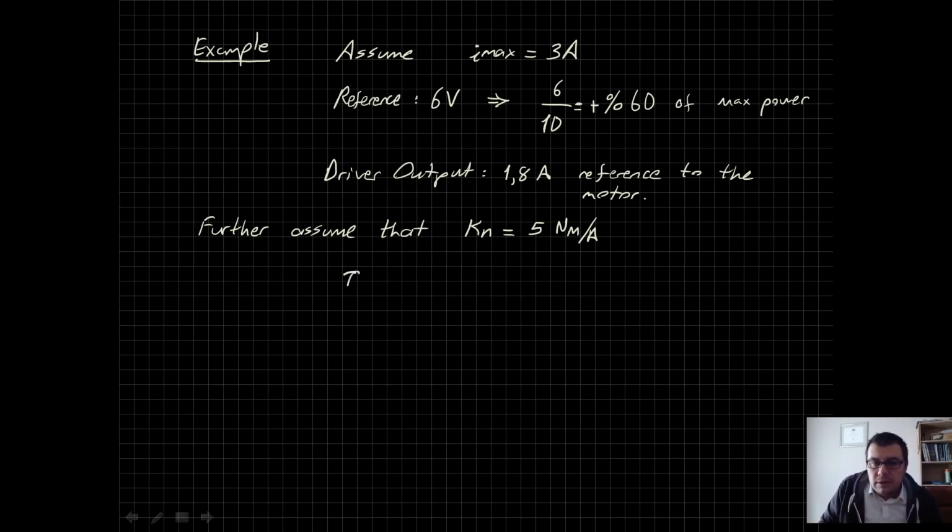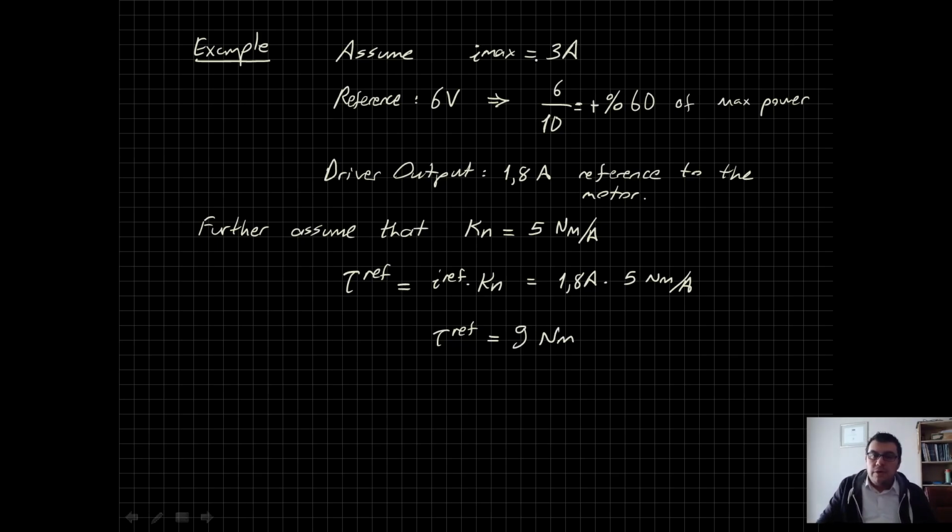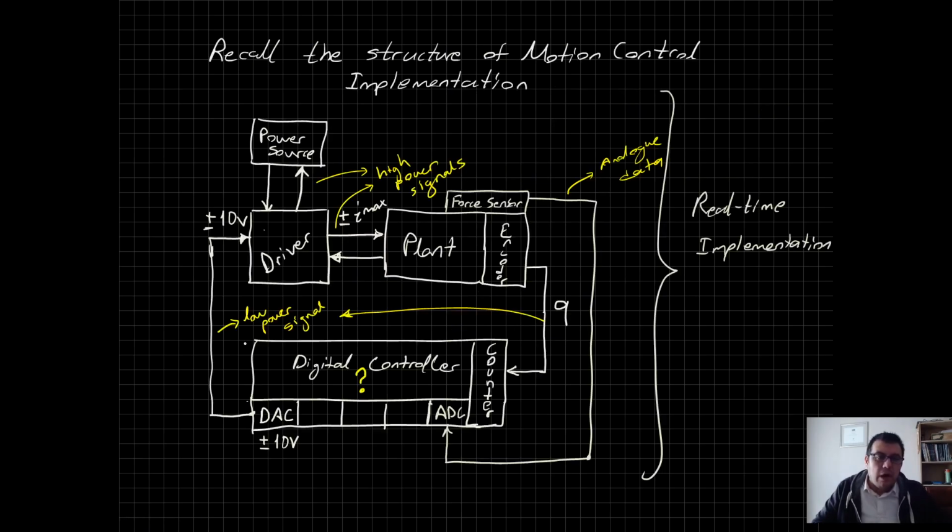So tau reference is equal to I reference, if you remember, times K nominal, right? So this is 1.8 amperes times 5 Newton meters per ampere, which gives you tau reference as 9 Newton meters at the output. So with 6 volts of reference signal, you create 9 Newton meters of output in that system. Here, your plant's reference torque is 9 Newton meters.